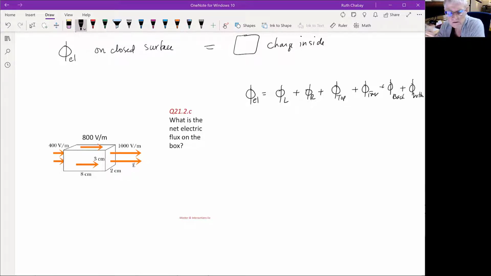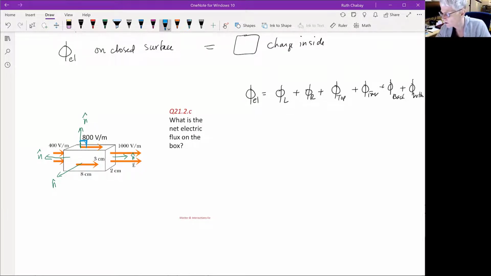Now some of these things we can actually just do by inspection. So what are the easy ones? Well, the first thing we need to do is draw n hat everywhere. There we go. So n hat is going to be perpendicular to each face. And then we can see that on the top, for example, E is actually perpendicular to n hat.